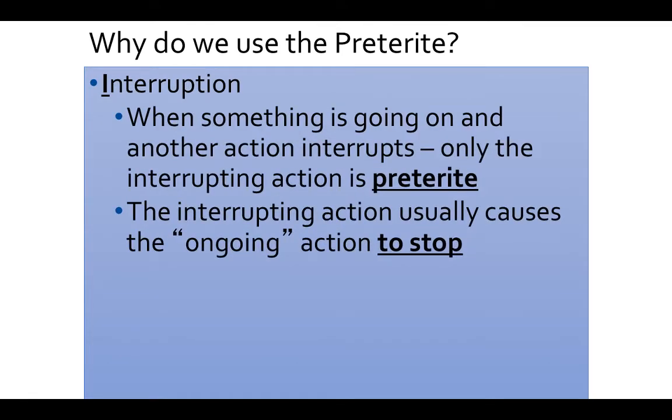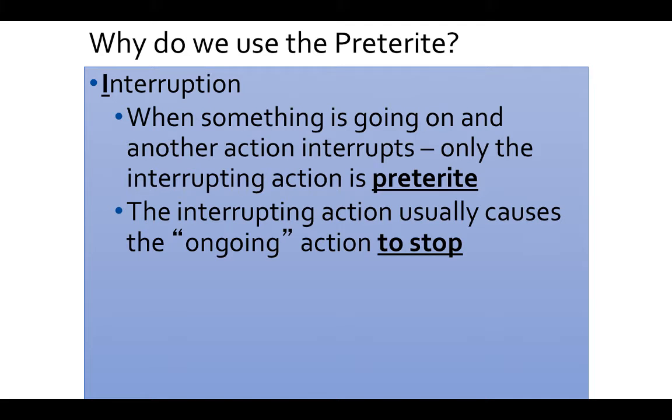The I is for interruption. I always love to tell a story here, and I always think of horror movies. I love horror movies, and there's usually always a dumb blonde in every horror movie, right? So when the dumb blonde was walking down the street, she was abducted.